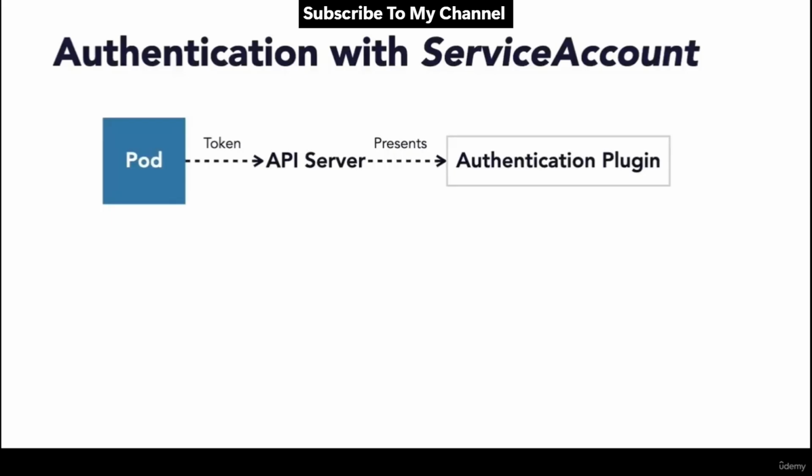We'll hold off the discussion on the authorization part for a few more minutes. But we still haven't answered one question. How does the pod actually receive that token? Now, if you recall, in case of a user account, the ID token was granted by the identity provider.